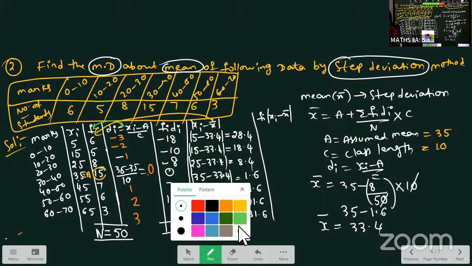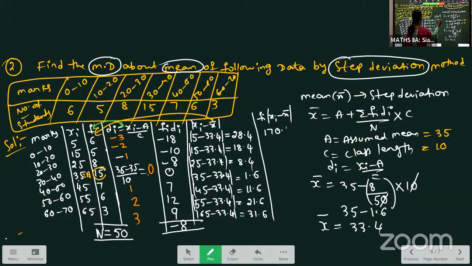Here we have to be very careful with the calculation. 6 into 28.4 will be 170.4. Next, 5 into 18.4, it is 92. Next, 8 into 8.4, 67.2.